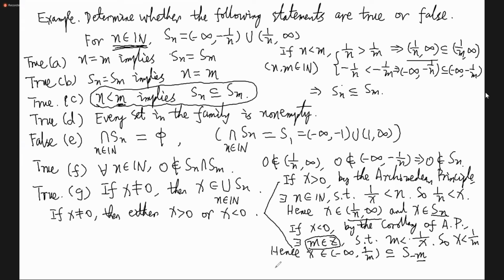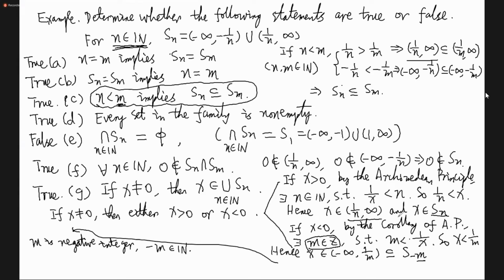All right, so let's come here. m is a negative integer, so this negative m is a natural number, belongs to N. So that's why this set S sub negative m is well defined.